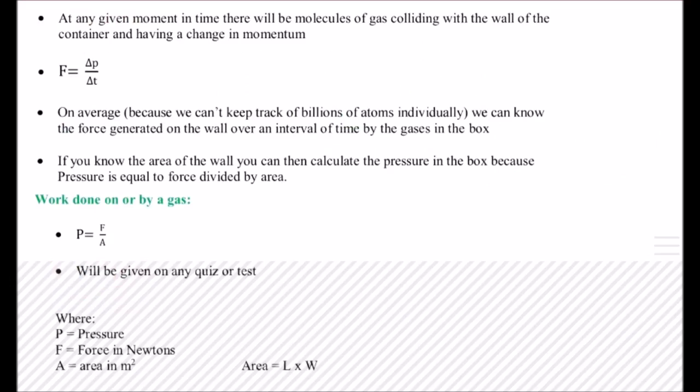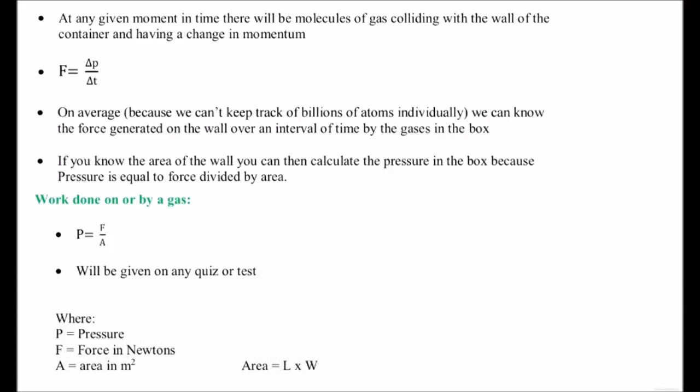So if we look at that formula, and we are again taking an average of these things, then we can calculate the pressure being exerted by these gases, because we have a brand new formula here that says that pressure is equal to force over area. So we know we're applying a force because there's a change in momentum.